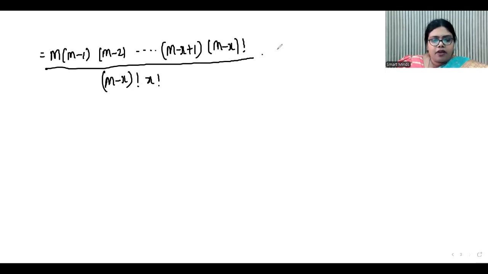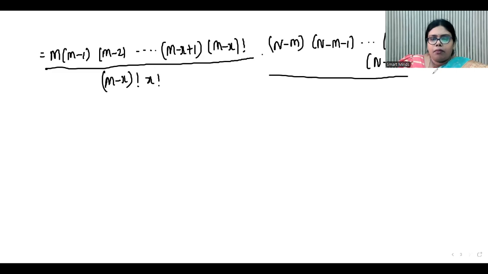(N minus M) into (N minus M minus 1), so on up to (N minus M minus n plus x plus 1) into (N minus M minus n plus x) factorial by (N minus M minus n plus x) factorial into (n minus x) factorial.